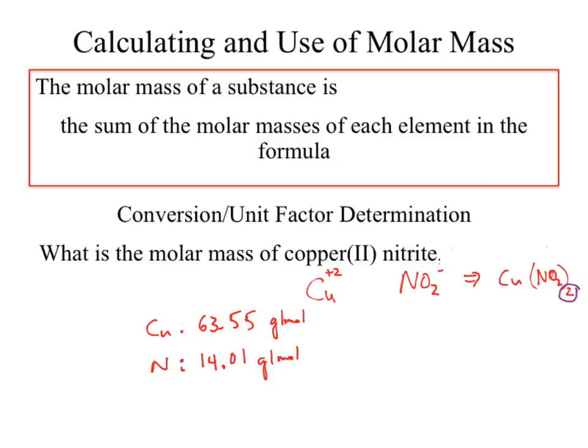Remember that 2 applies to everything forwards. So there are 2 nitrogens. Oxygen, 16.00 grams per mole. How many oxygens are there? There are 4. We have the 2 within and the 2 without. Doubles out, and we'd have 4.